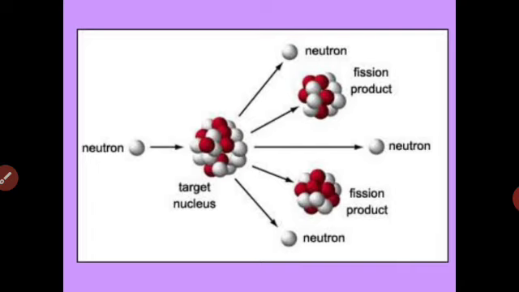Thus, you see, this process multiplies very fast and this is what we call the chain reaction. So you see, one neutron which has initiated the process gives multiple neutrons and so many fission reactions take place within a short span of time.